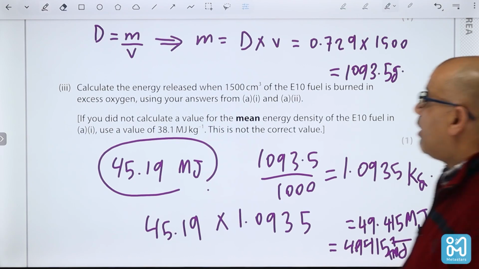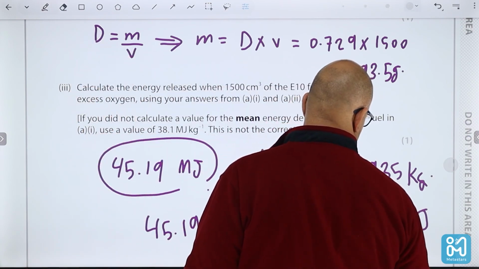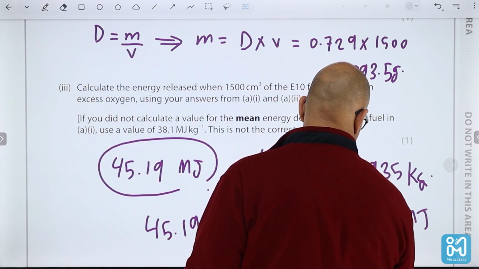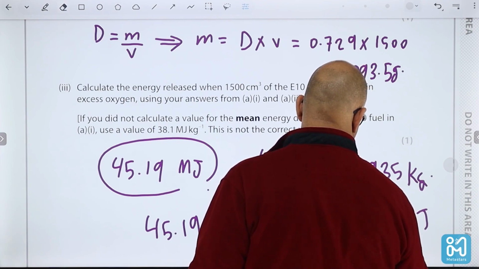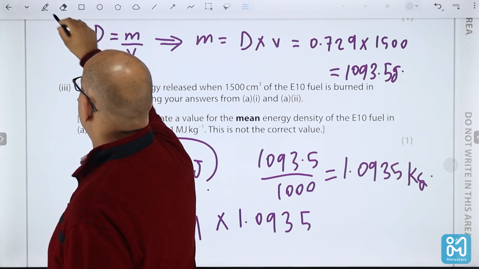So the final answer is, when you say megajoule, sorry, it's not millijoule. The megajoule is, let me find the correct answer.